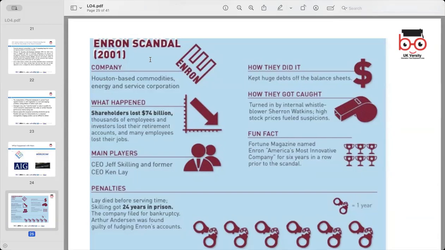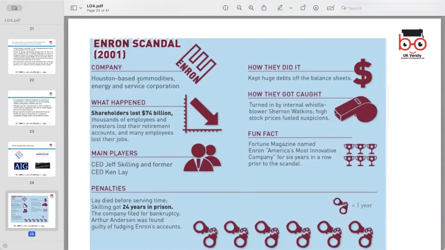Yeah, it's basically once one of America's most innovative companies was exposed for keeping enormous debts off its balance sheets, leading to a massive loss of $74 billion for shareholders.